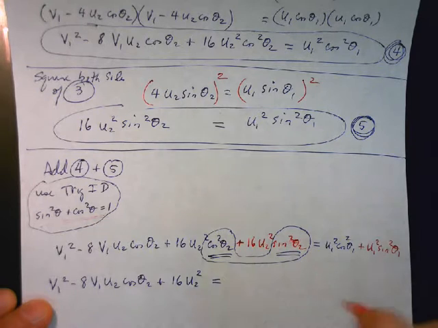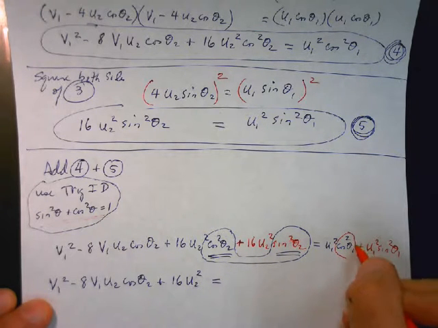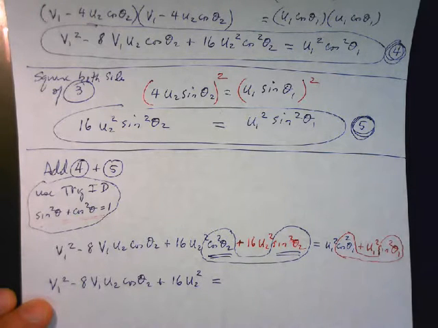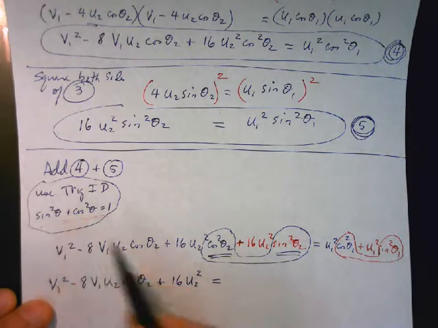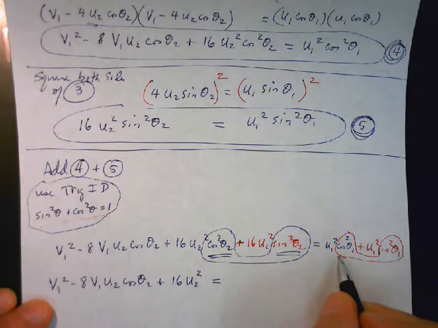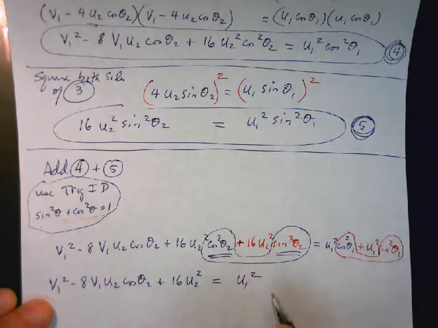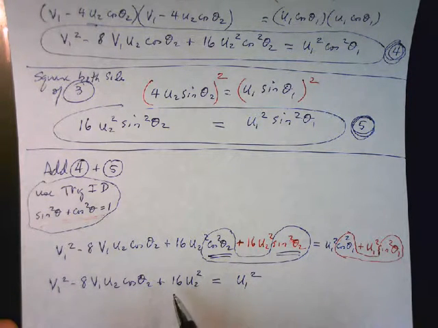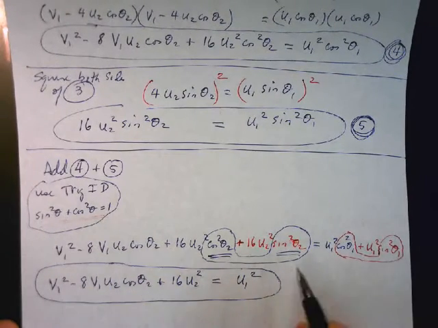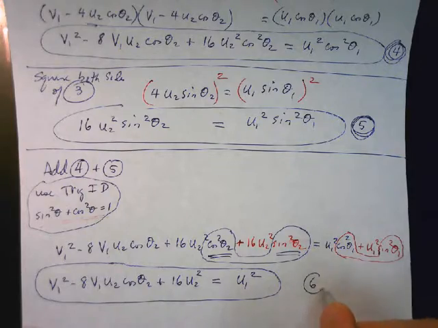Notice we have a cosine squared theta 1 here and a sine squared theta 1 here, so you can apply that trig identity to this side. That would just be U1 squared times 1, or just U1 squared. So now we have that simplified, and we can call that equation 6.